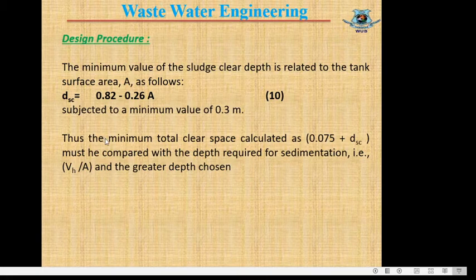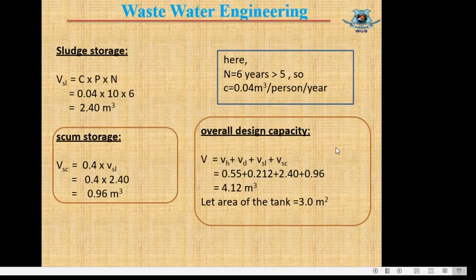Now the minimum total clear space will be 0.075 plus DS, and the minimum value of DS is 0.3, so we can replace DS with 0.3. So minimum clear space should be 0.075 plus 0.3. Now let's go to the design.